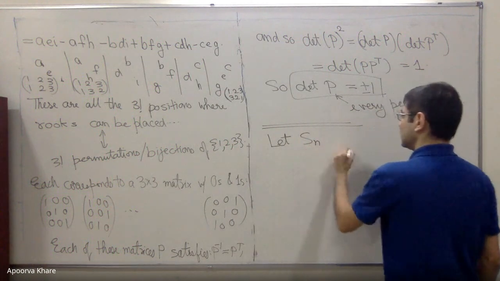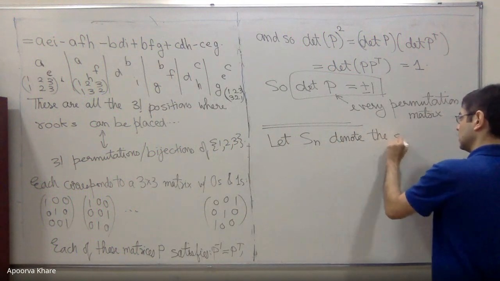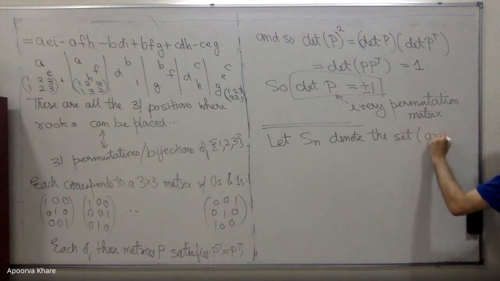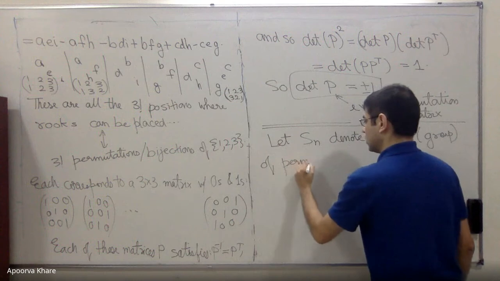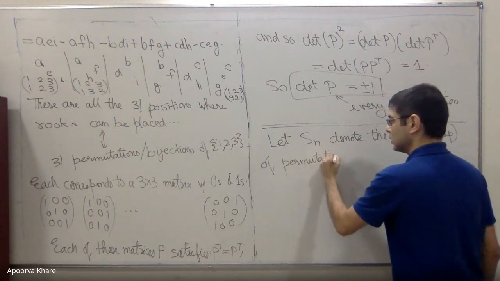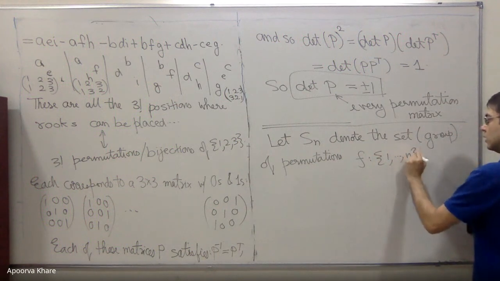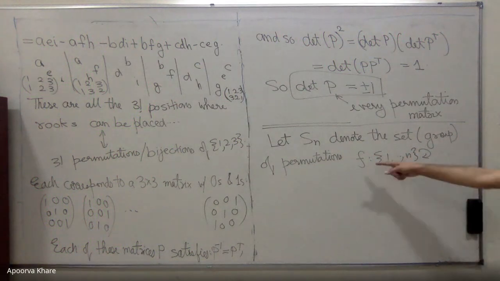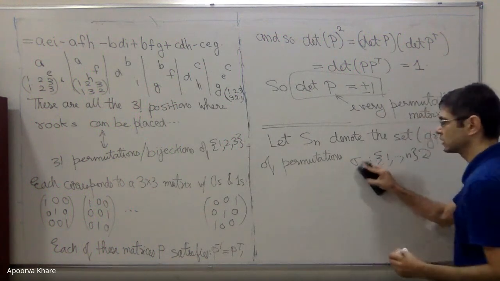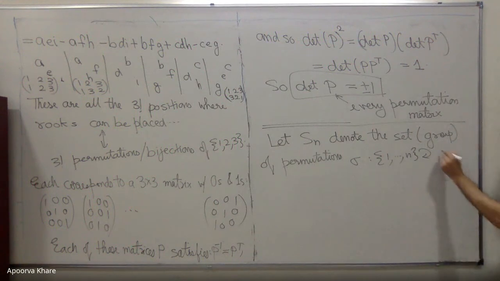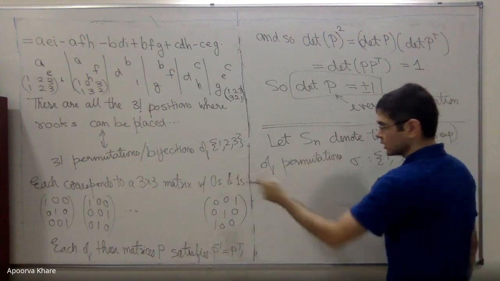let Sn denote the set, in fact the group, if you have done algebra 1, of permutations or bijections of functions going from 1 through n to itself. In fact, people usually term these as sigma or some Greek letter like that. Okay? And then for each permutation, of course, you have the permutation matrix.